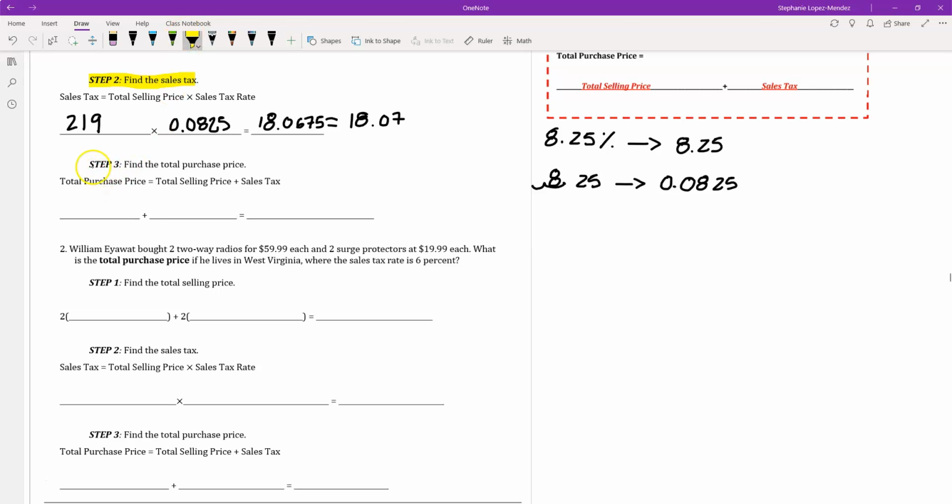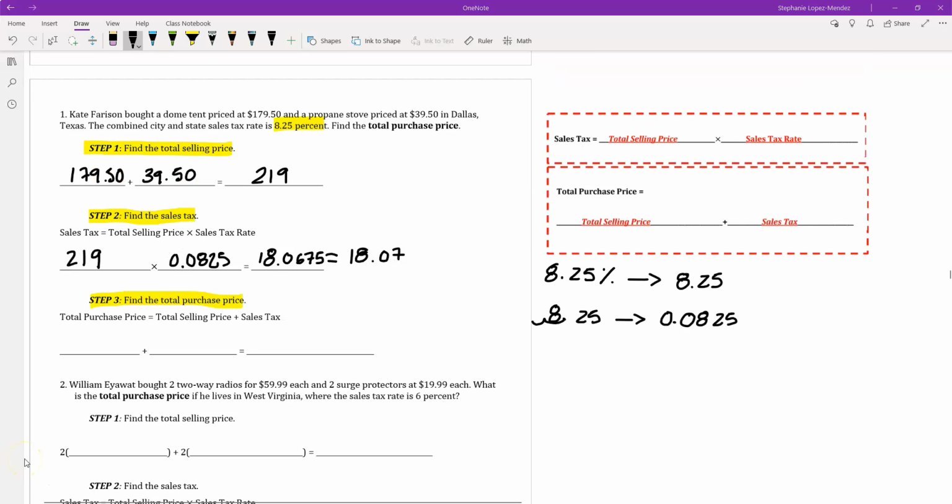On step 3, it says find the total purchase price. According to our formula, the total purchase price equals total selling price plus sales tax. So the total selling price is what we found on step number 1. So that's $219. And then our sales tax is what we found in step number 2. So I just go ahead and write 18.07. And then I add it.